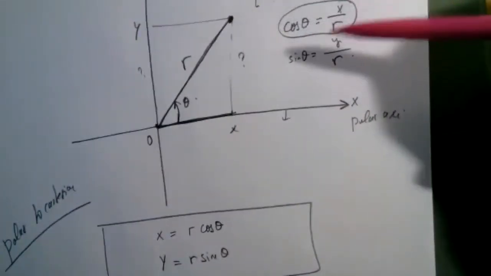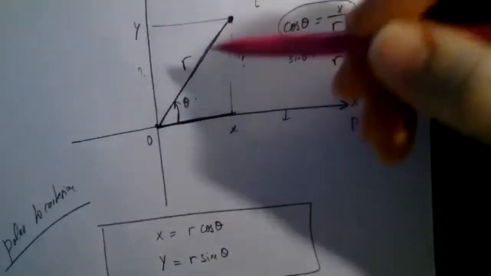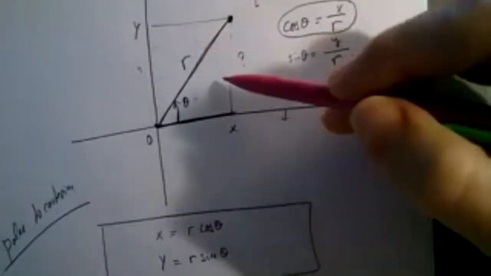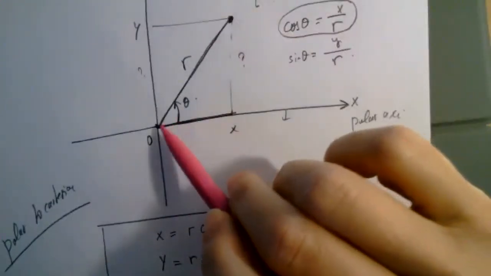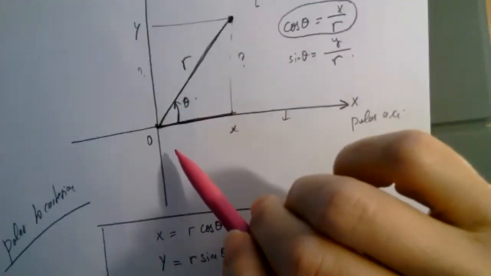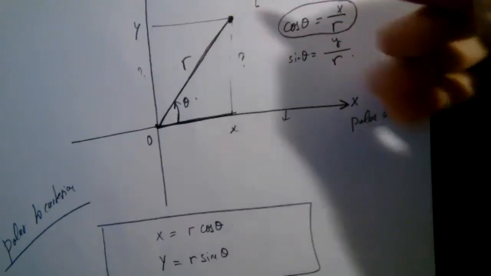All right, but here's the thing. To show you that, I only used the point P in the first quadrant. It means I took r positive and theta between 0 and pi over 2, because I used the idea of a right triangle.